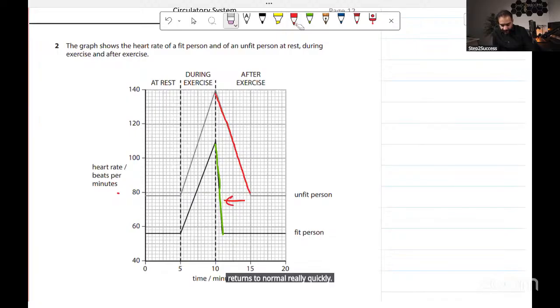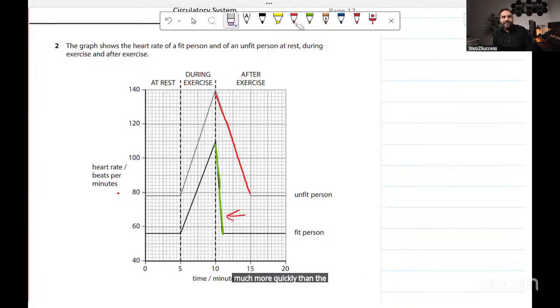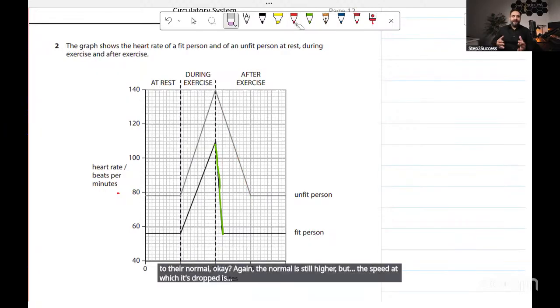That steepness of a line on a graph represents speed effectively. So it has dropped back down to normal much more quickly than the unfit person's heart rate has dropped back down to their normal. Again, the normal is still higher, but the speed at which it's dropped is much faster for the fit person.